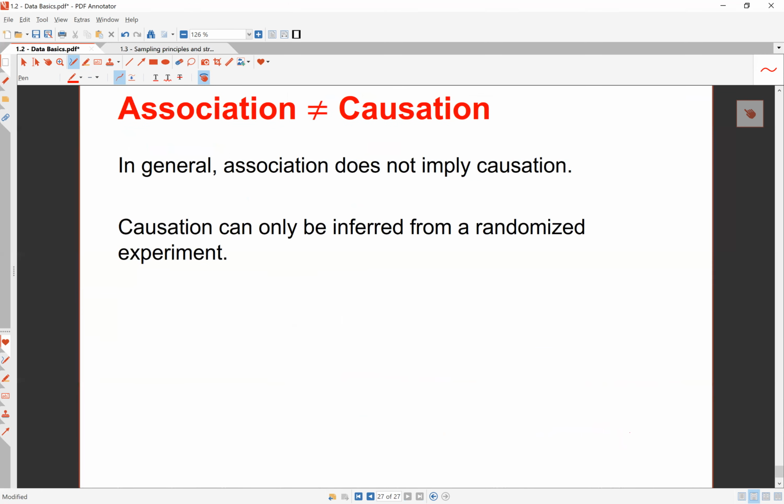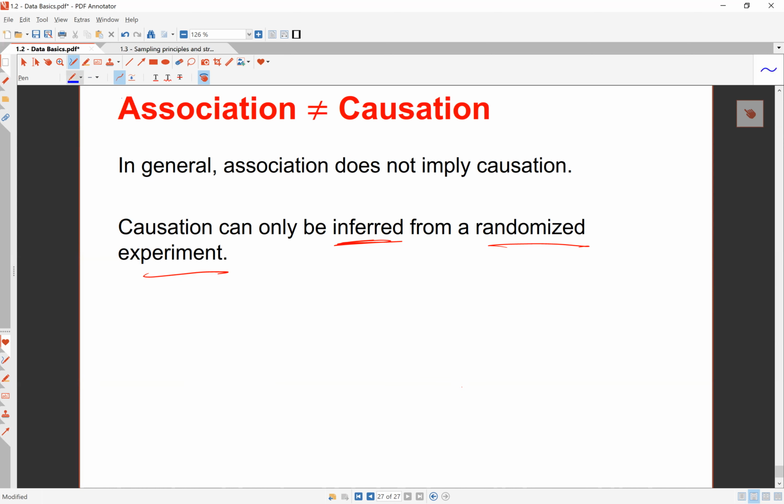How does this relate to causation? Well, we've said already, just because two variables are associated does not mean that they have a causal relationship. But if we do an experiment, we can typically infer causation from that because we know how the intervention is being done.